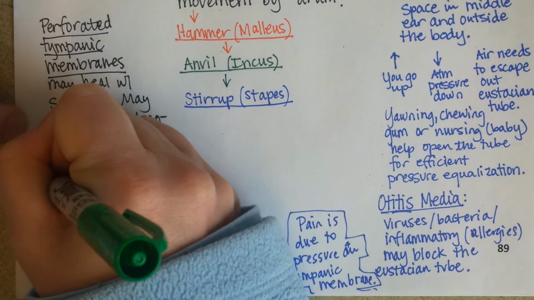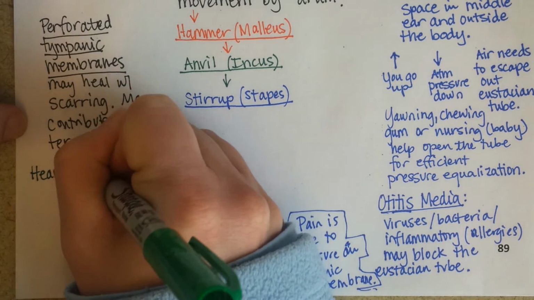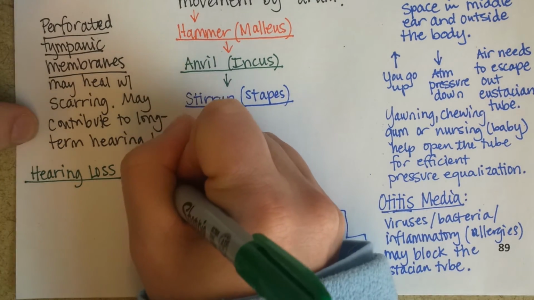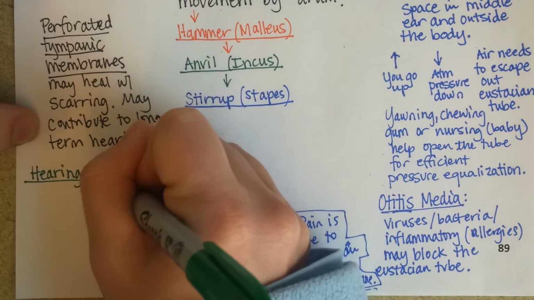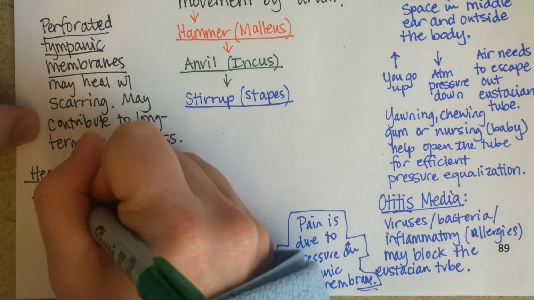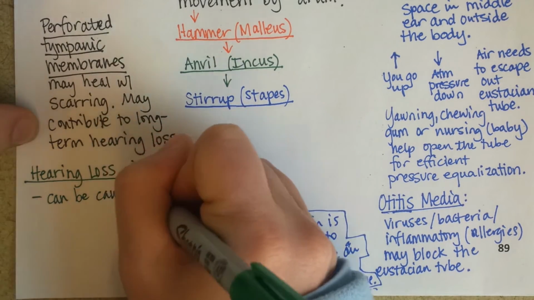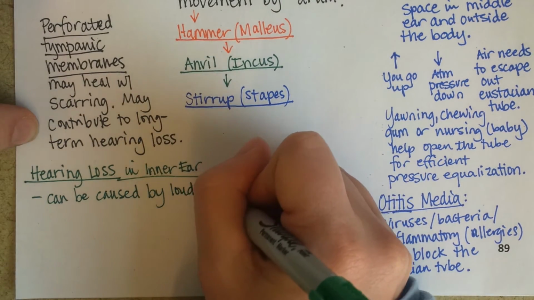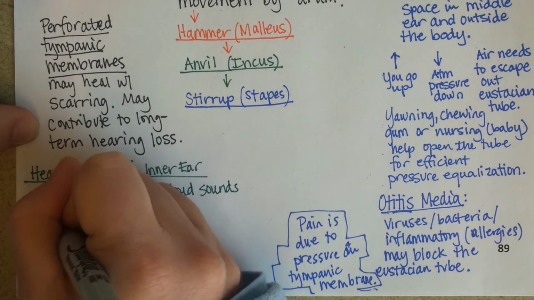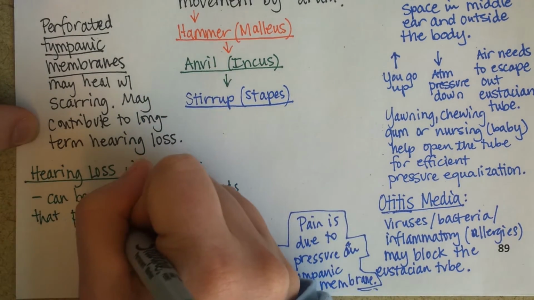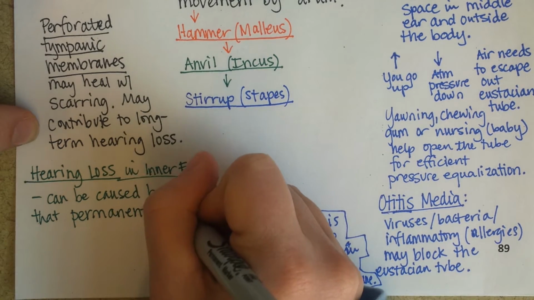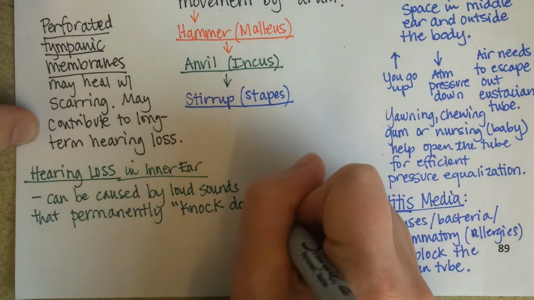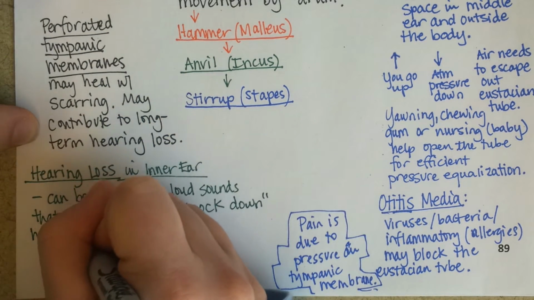So hearing loss in the inner ear can be caused by loud sounds that permanently knock down hair cells in the cochlea.